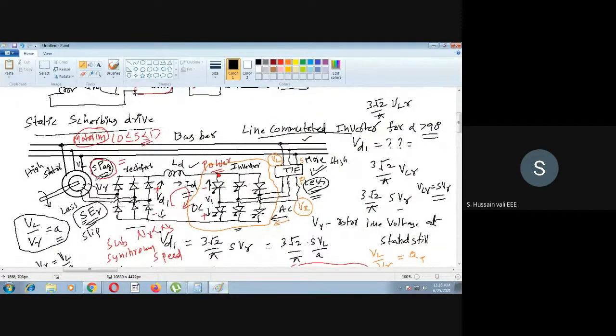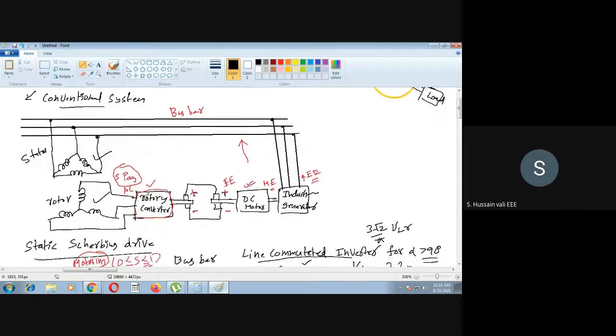So I will just briefly summarize this here. What the Scherbius drive does is that it recovers the slip power and feeds it to the bus bar.